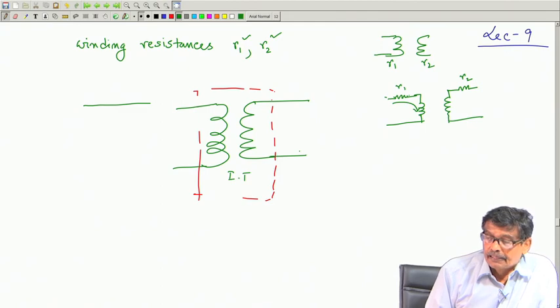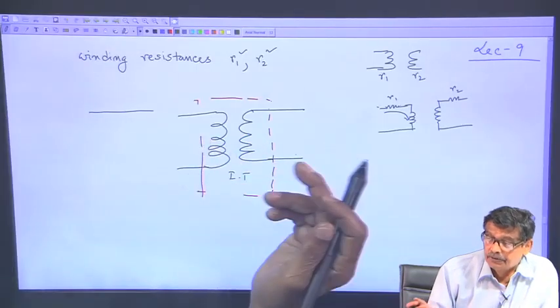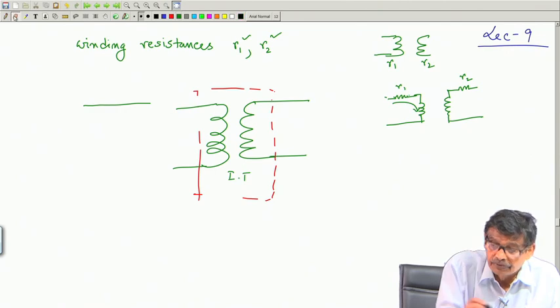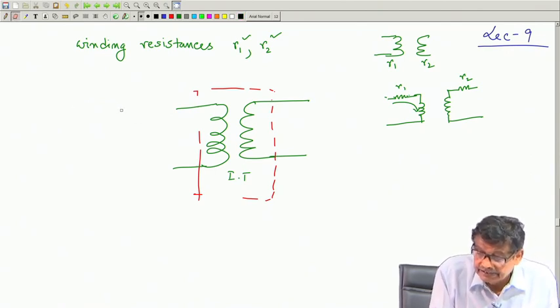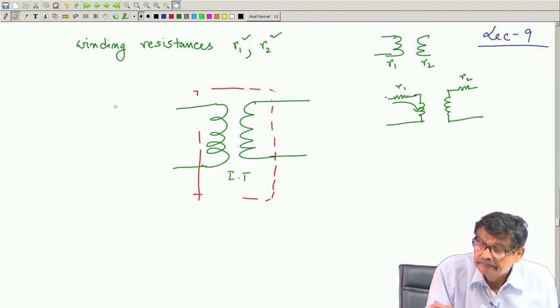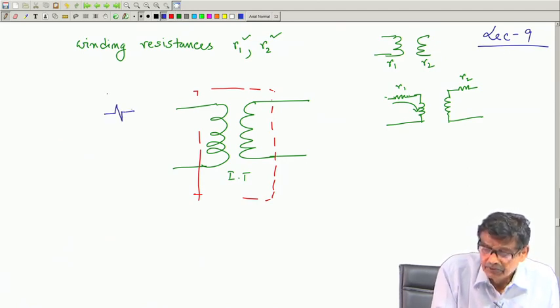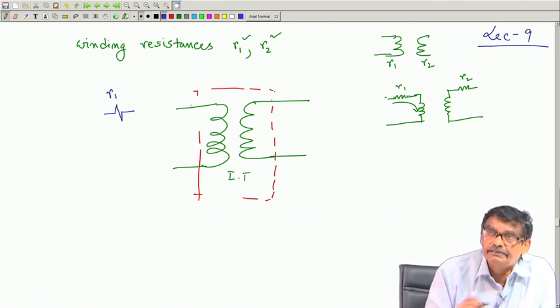And then I am telling, to this ideal transformer, this winding is not purely this thing. So, there will be resistances in series. I will connect it here, which is small resistance nonetheless, R 1, it will come in series.